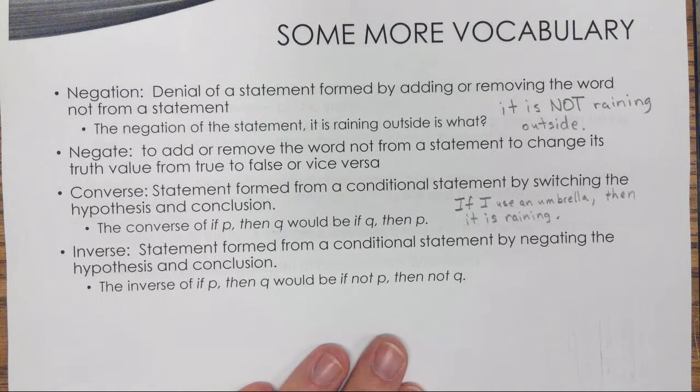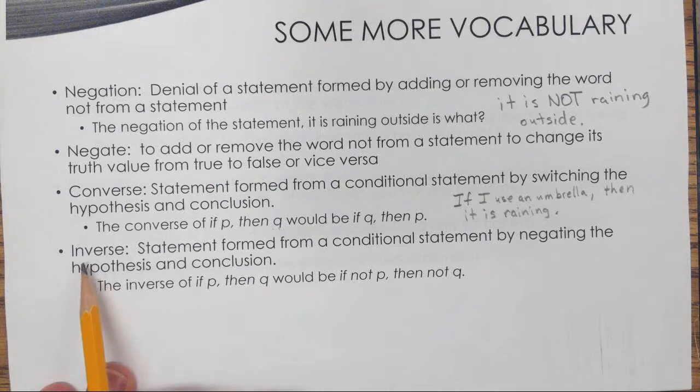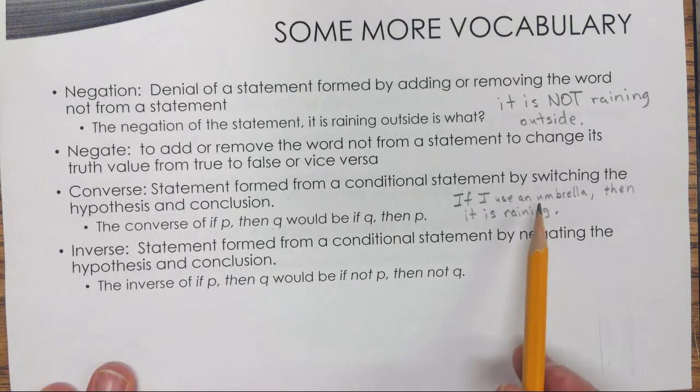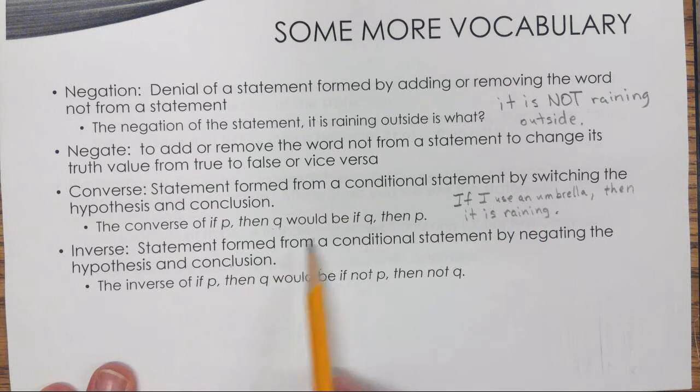Okay. Now we have something else called the inverse. The inverse is a statement formed from a conditional statement by negating the hypothesis and the conclusion. So just like with this one up here, if it is raining outside, then I use an umbrella.